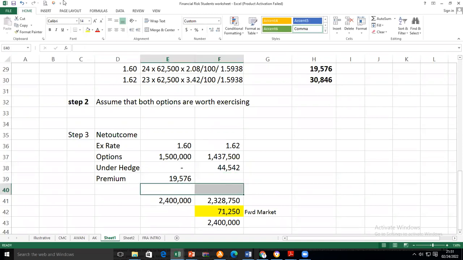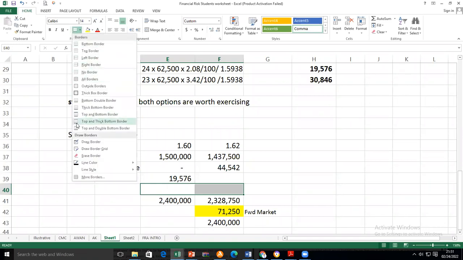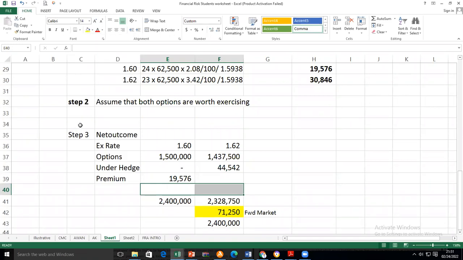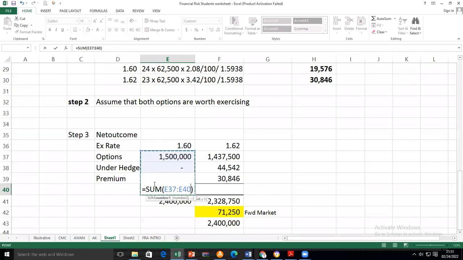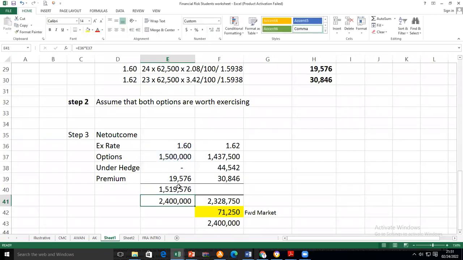So what are your final figures? And here there was a premium. So these are the final costs.